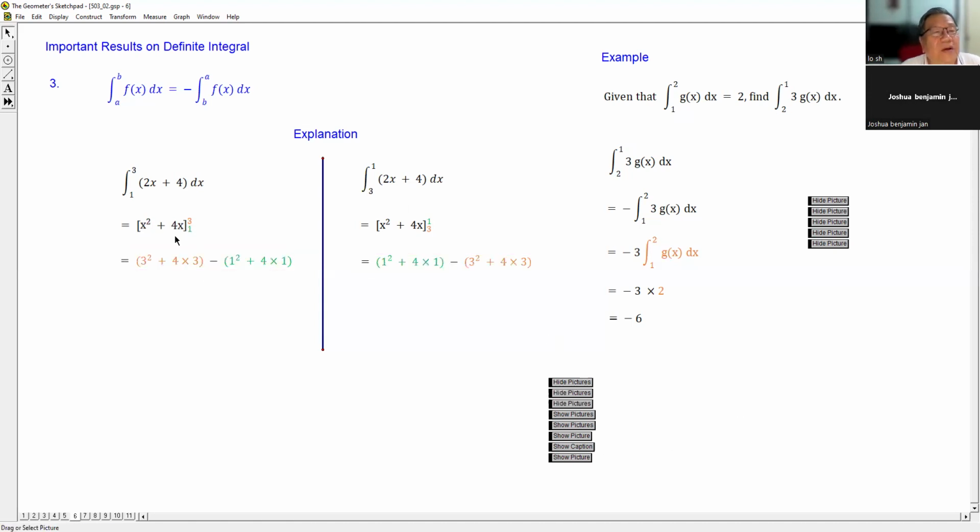Next step. Here I substitute in 3 first, then substitute in 1, then I take the orange minus the green. On this right-hand side, I substitute in 1 first, then I substitute in 3.